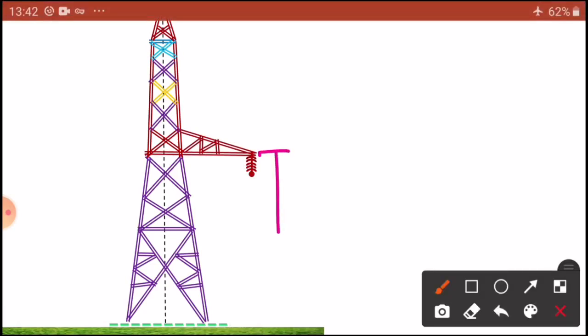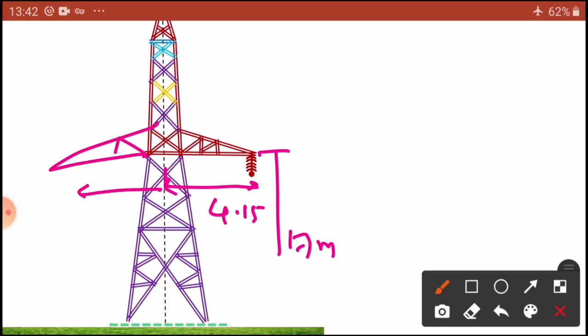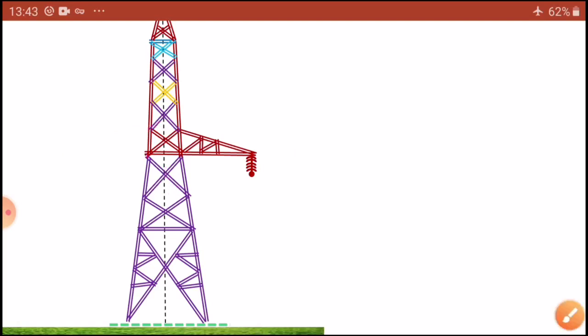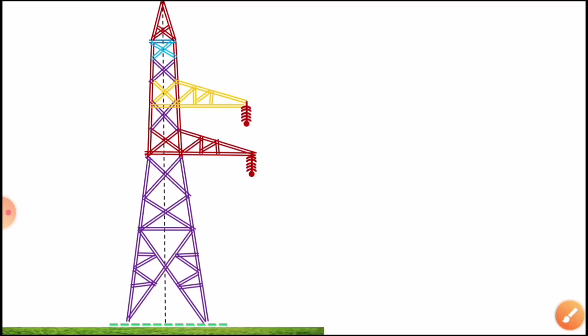Then on one side, the distance from this place to this place is 4.15 meters, at 17 meters. Similarly 4.15 meters here you are going to draw. Now take this one circuit.